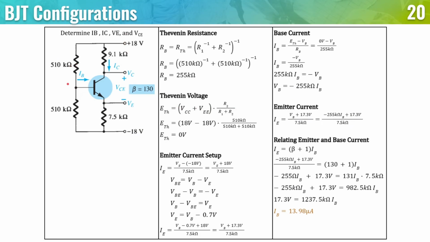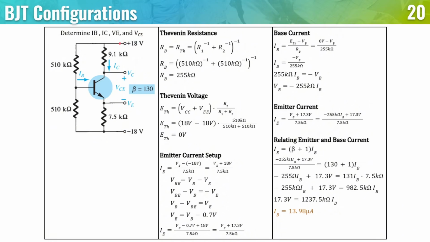Next, their Thevenin voltage. Since there's no ground, we cannot use I the same way we did earlier. We cannot compute for the current and then multiply it to R sub 2. No. The way we are able to approach it now is to look at the averages. Looking at this and this, we know that there are two voltage sources, plus 18 and plus 18.